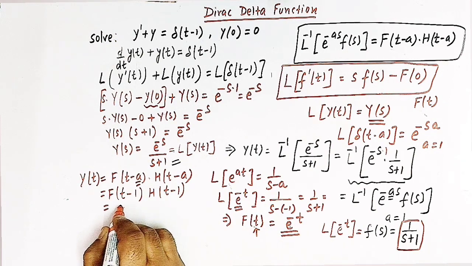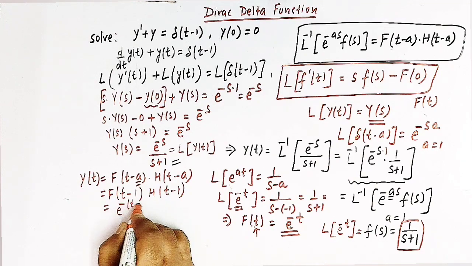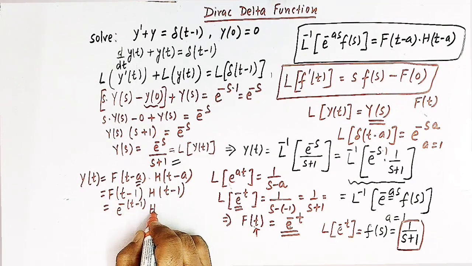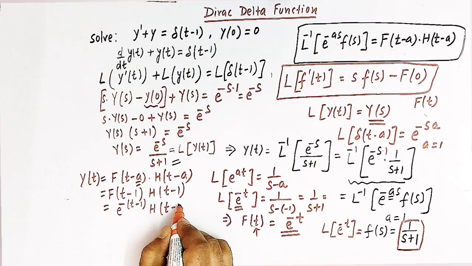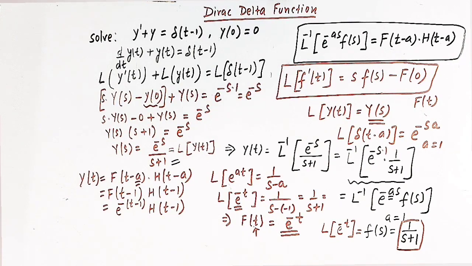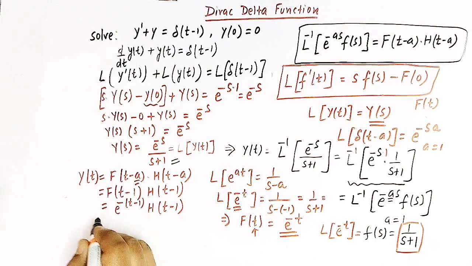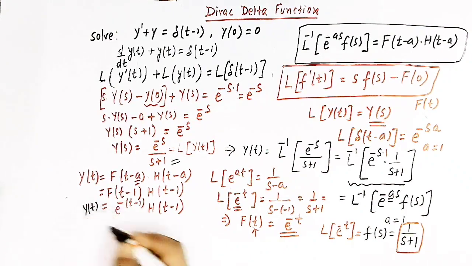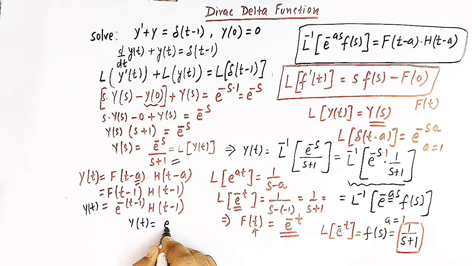So we have e raised to minus t minus 1 times h of t minus 1, where this function h of t minus 1 is the Heaviside unit step function. So now our function y of t can be written as e raised to minus t plus 1 times h of t minus 1, right?